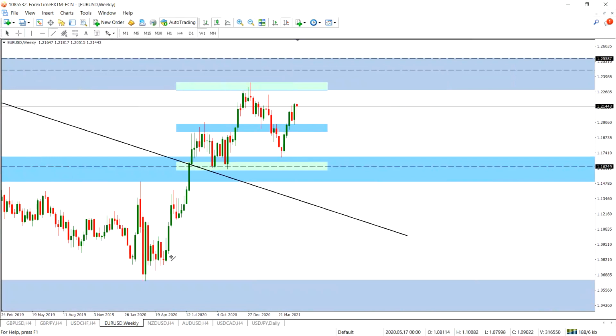We had the situation where price made a push, broke above the zone, made an exhaustion, and now price is making a further push to the upside. So now that we have this push to the upside, what do we expect from price? We expect the overall exhaustion phase is done right on this level, and we expect the further push phase to the upside.